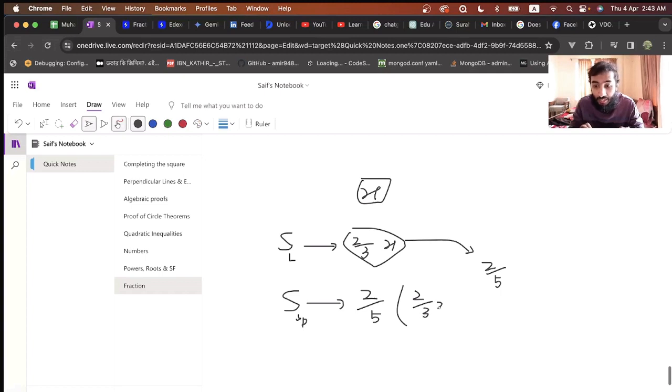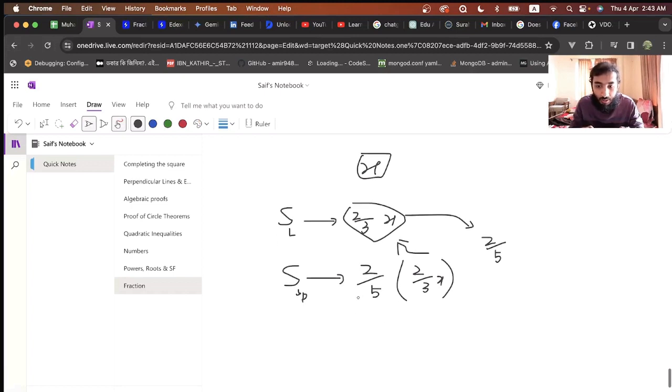The students who study a language are 2/3 of X, right? So this can be represented as 2 multiplied by 2 is 4 and 5 multiplied by 3 is 15. So 4/15 of X. These are the students who study only a specific language, which is Spanish.